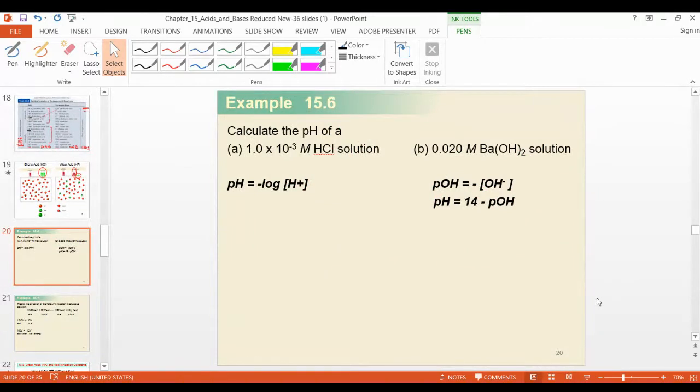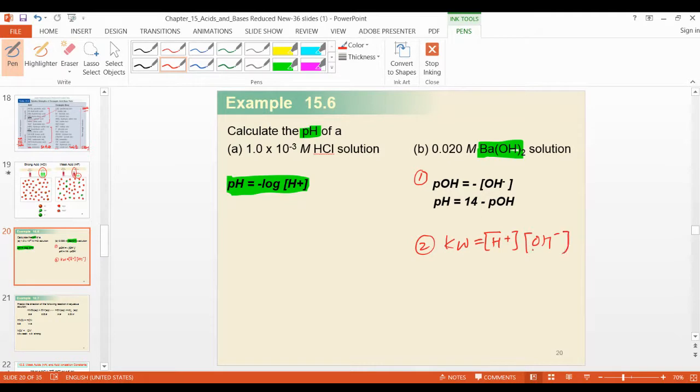Calculate the pH of HCl and NaOH, or barium hydroxide. The concept I already explained. If this is given and you have to determine pH, you cannot get it directly. There are two formulas you can use. Number one, you can calculate directly. Number two, Kw equals H plus concentration times OH minus concentration.